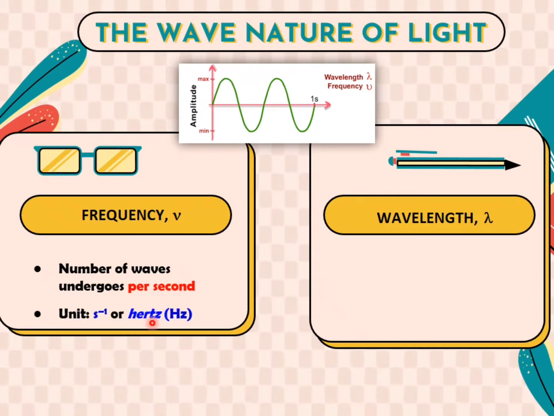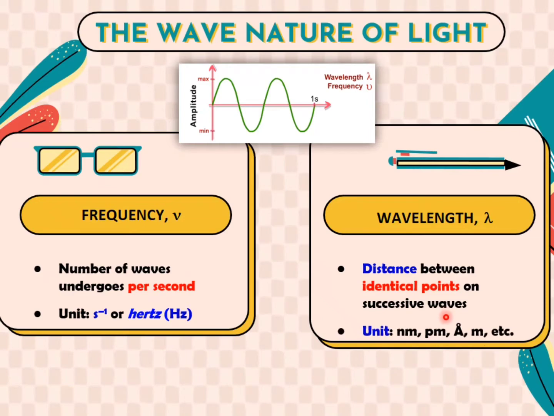The unit of frequency is per second, or normally you write it as hertz. And then wavelength is the distance between identical points of successive waves. So the unit of wavelength, either you use nanometer, picometer, Angstrom, meter, etc.